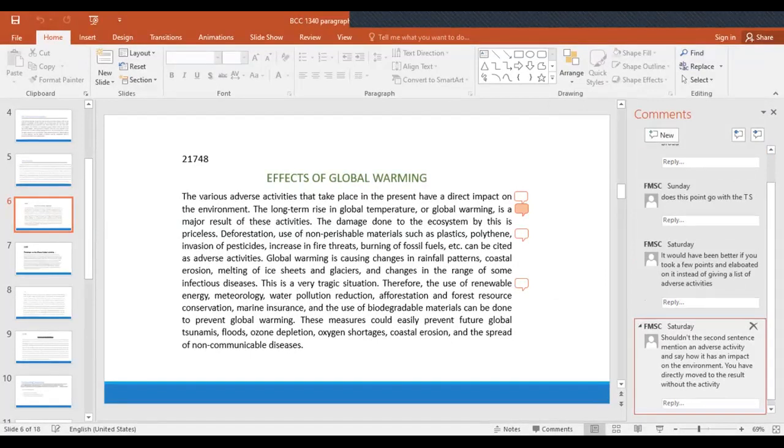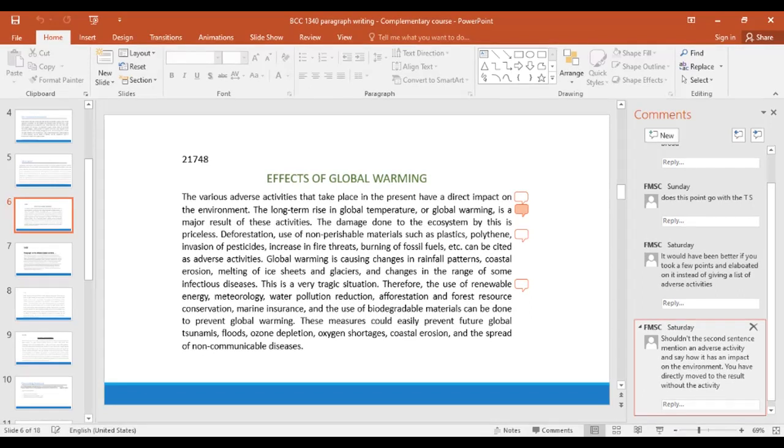Here I have given a comment on the second point that you have included, right? I have said that shouldn't the second sentence mention an adverse activity and say how it has an impact on the environment? Your topic sentence says that the various adverse activities that take place in the present have a direct impact on the environment, right? So in the second sentence, maybe you could have started with one of those adverse activities.